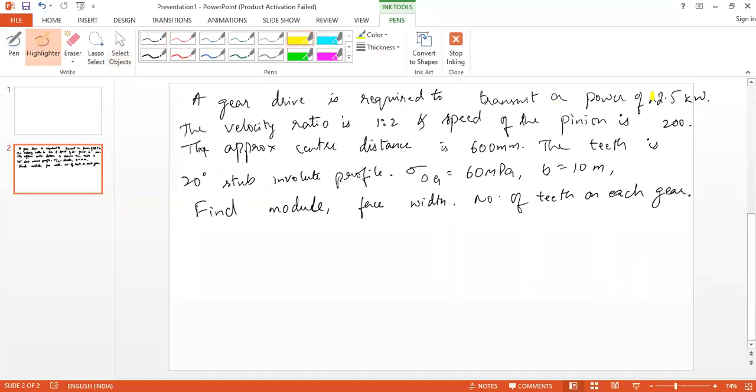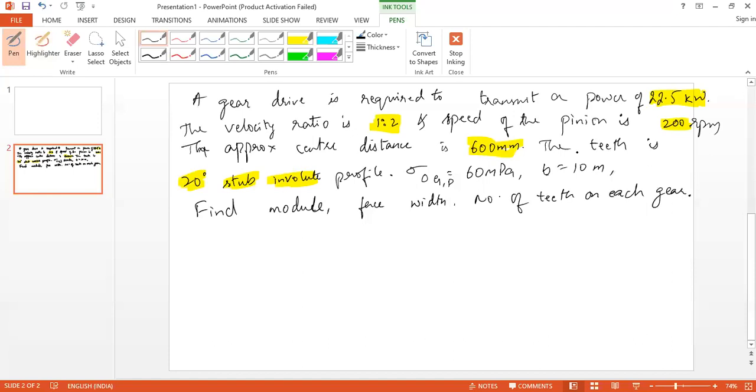A gear drive is required to transmit a power of 22.5 kilowatts, the velocity ratio is 1:2, and the speed of the pinion is 200 RPM. The approximate center distance between the shafts is 600 mm, the teeth are 20-degree stub involute profile, and the allowable static stress for the gear and the pinion is 60 megapascal.